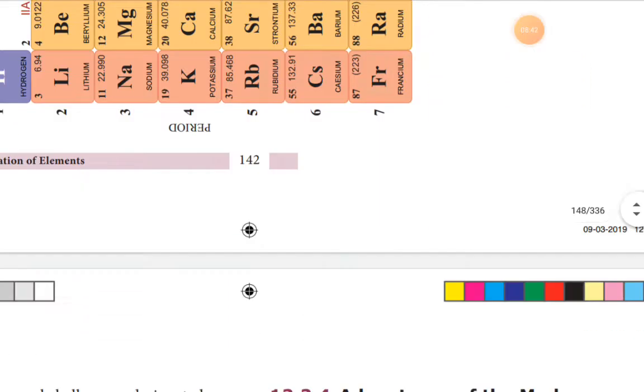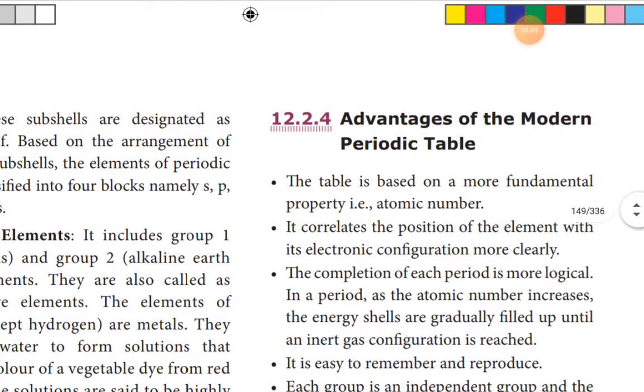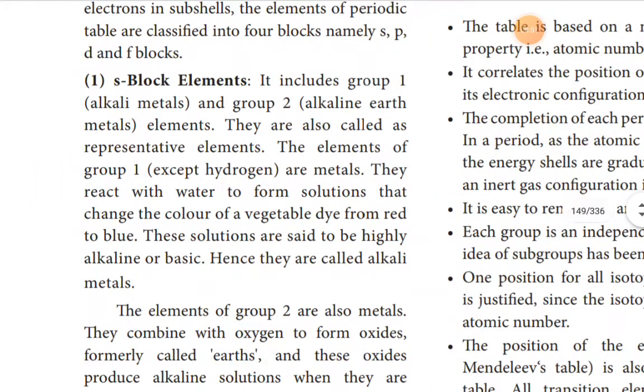These group 2 elements combine with oxygen and give their metallic oxides. For example, magnesium burns in the presence of oxygen and gives magnesium oxide.